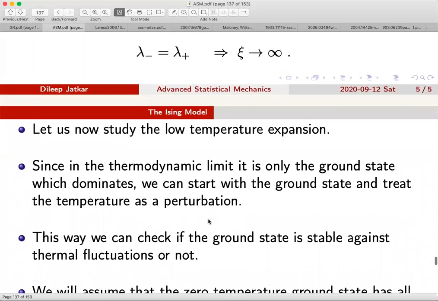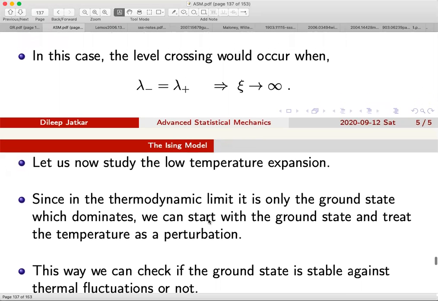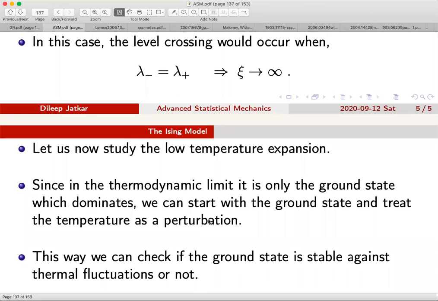Let's do a low temperature expansion of the system. By that I mean the following: you treat the system at zero temperature as being in the ordered state, and then we look at this system by turning on the temperature slowly and study thermal fluctuations in that system.